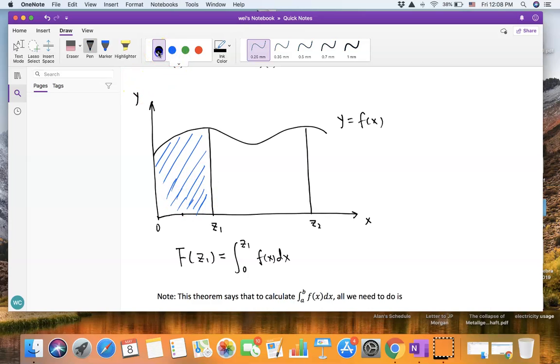Okay, and then I define a second function, F of z2.